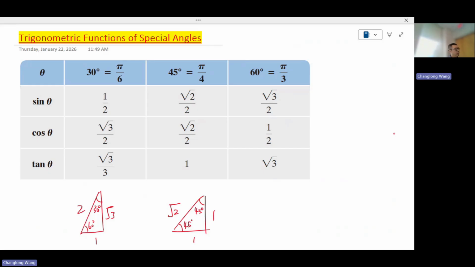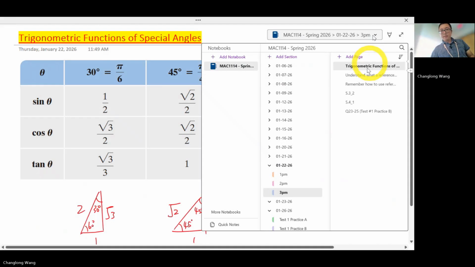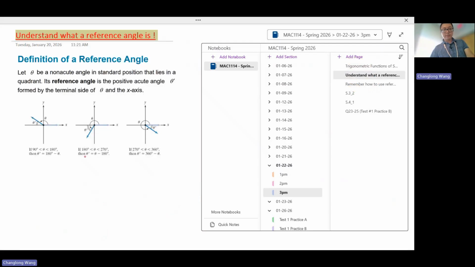So now we need to deal with something called reference angle, which is the last thing we have to do for 5.3. So what's reference angle? And let me show you the definition.